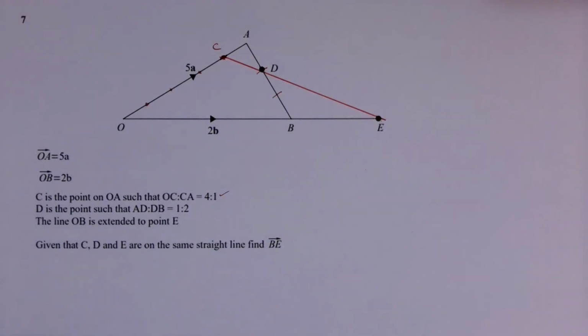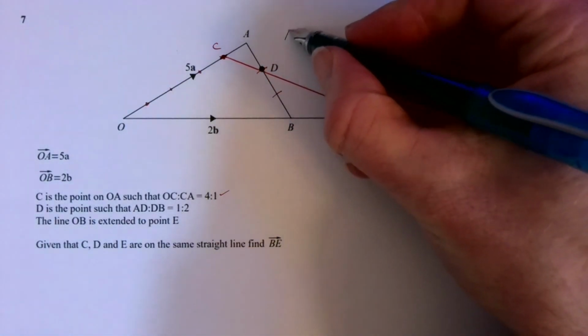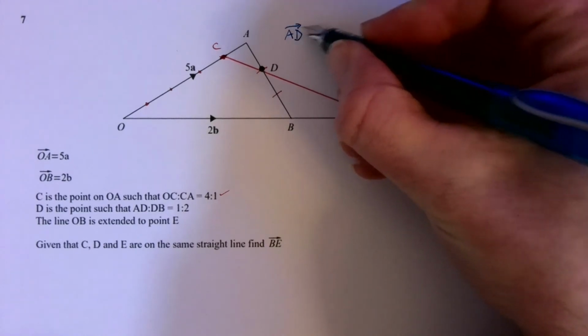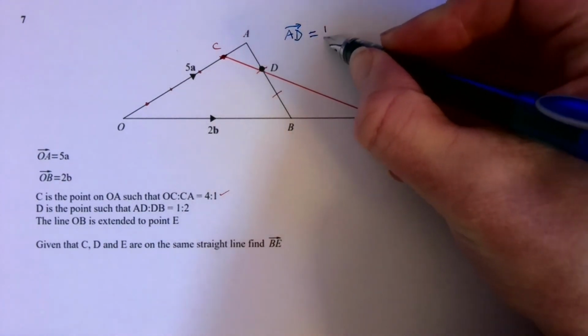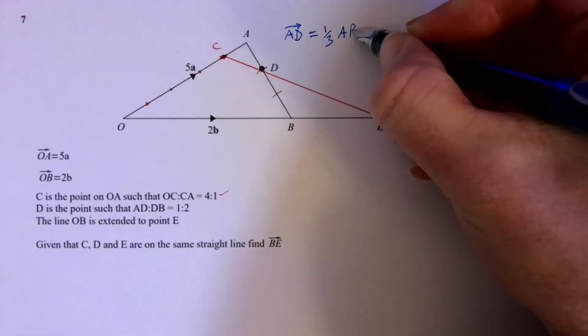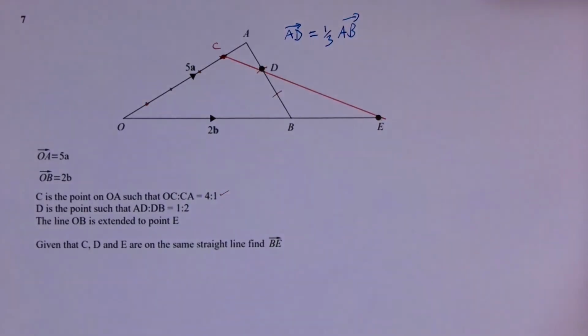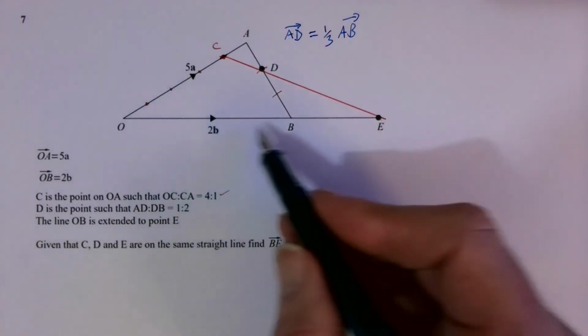And so little things that I'm thinking that could get you a mark straight away is if I was going to try to do A to D, I'm thinking I know that that's going to be the same thing as 1/3 of all the way from A to B. So whilst I'm thinking about that, what is A to B?